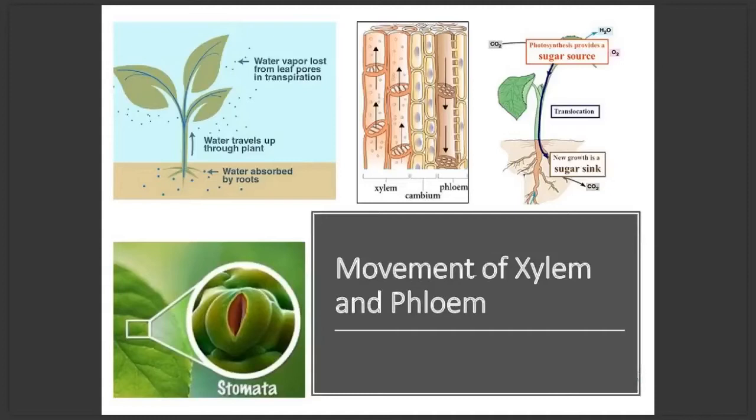Now, when one water molecule evaporates or is transpired through the pores on the leaf, this causes the whole water chain to move up by one molecule, which in turn causes another water molecule to be pulled into the roots from the soil. So the water is always moving from the roots up to the leaves in that way.